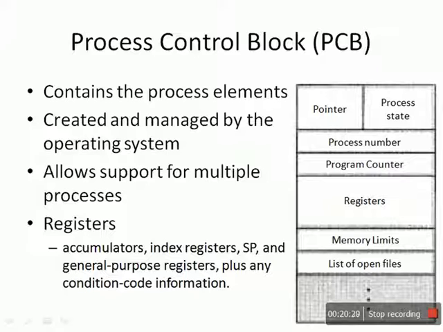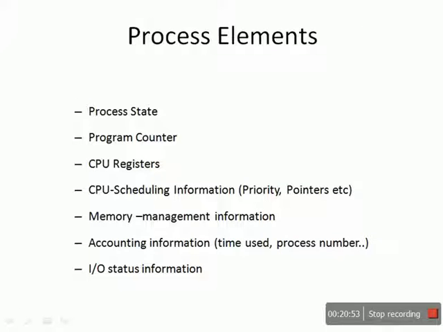Then the process control block. Every process has its process control block. When a process is created, its process control block also gets created, which contains the process elements which we have seen in the last slide.